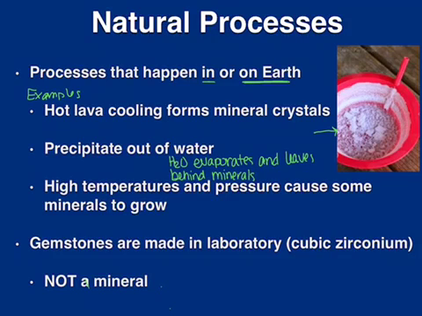And then also high temperatures and pressures cause minerals to grow. And we get these high temperatures and pressures from deep within the earth. So a lot of our minerals form down below earth. You may have seen gemstones in jewelry, and some gemstones are actually made in a laboratory, like cubic zirconia.